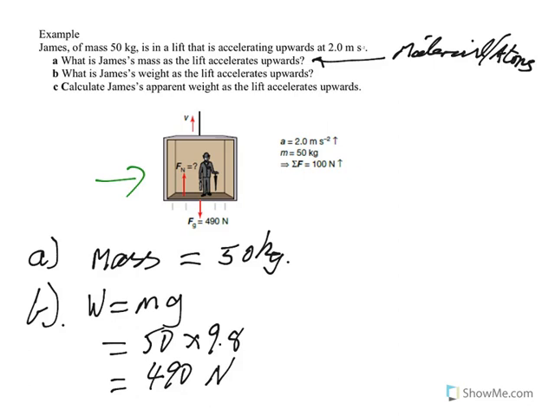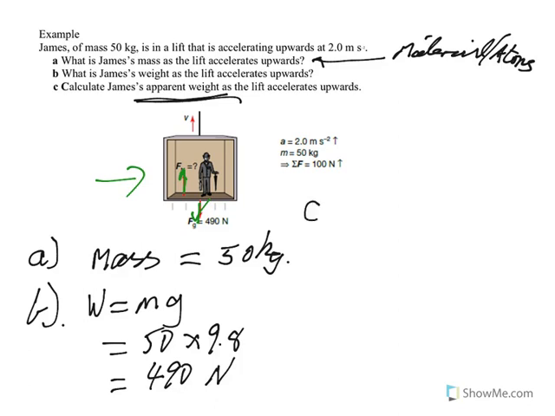Alright, now's where the fun stuff begins. It says calculate his apparent weight. So what does he feel? As the diagram shows, there's two forces acting on James. One is his force of gravity, which is 490 Newton, and James is standing on the floor there, and the floor's holding him up, otherwise the lift would go and he'd stay where he is.